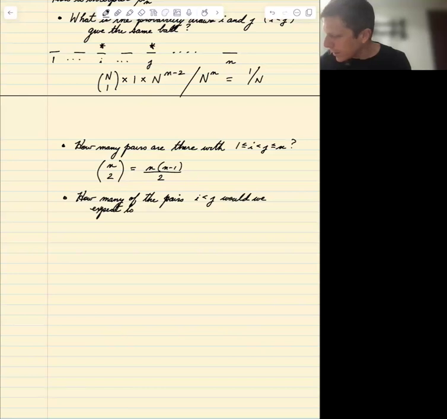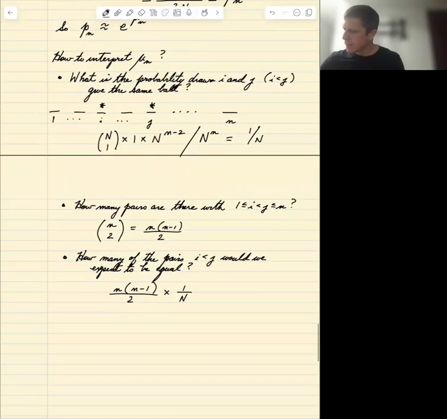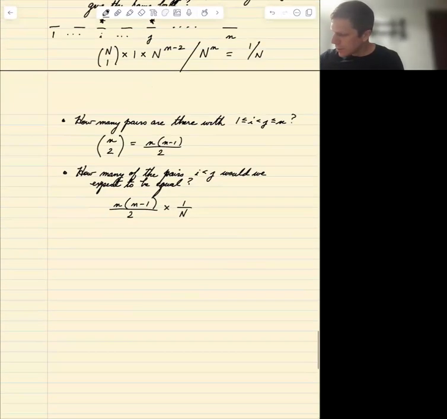Well, each one has a 1 over capital N chance of being equal, and there's n times n minus 1 over 2 of them. We expect n times n minus 1 over 2 times 1 over N, which is minus mu sub n.